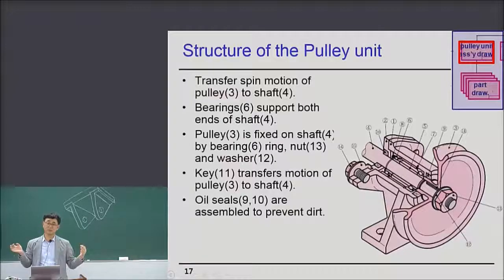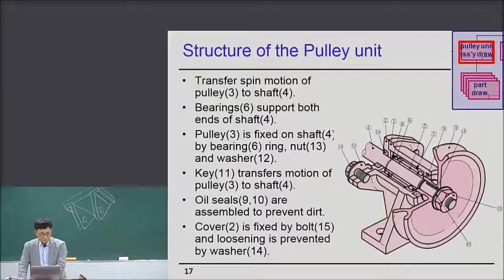The dirt should not get in. The function of the oil seals is to prevent any dirt coming inside the shaft. And cover 2 is fixed by bolt 15, and loosening is prevented by a special washer 14.